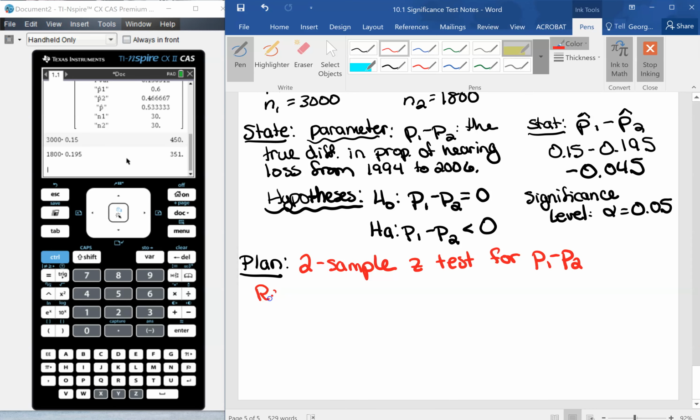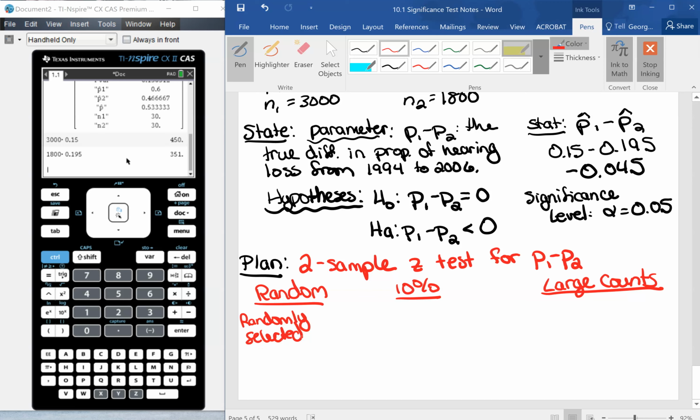Alright, our random, 10%, and large counts. For random, they say they're randomly selected. For 10%, we're talking about randomly selected teenagers.